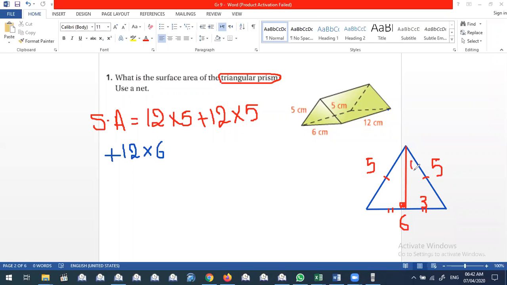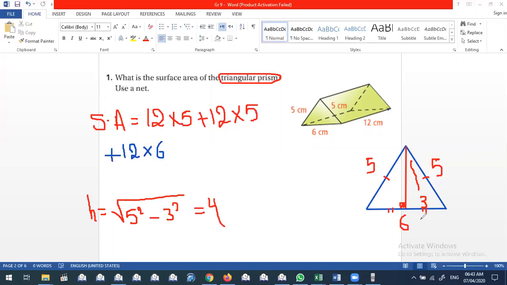In the small triangle, I can use Pythagoras because I have a right angle. To find the height, it will be the square root of 5 power 2 minus 3 power 2, because 5 is the hypotenuse and 3 is the side, which equals 4.